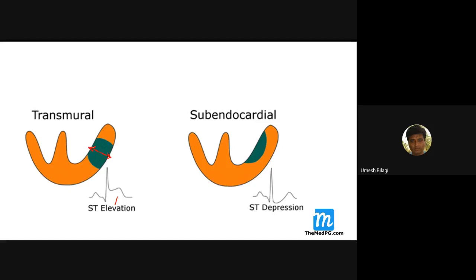Throughout the myocardium, the particular part of the heart is infarcted or dead. Whereas in NSTEMI, only part of the heart is infarcted or ischemic, not full thickness. See, this part is spared. So if it is limited to the subendocardium, then it becomes NSTEMI. If it is full thickness, or transmural, it becomes ST elevation MI.